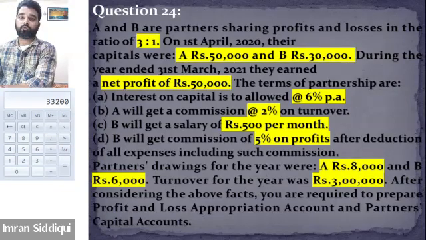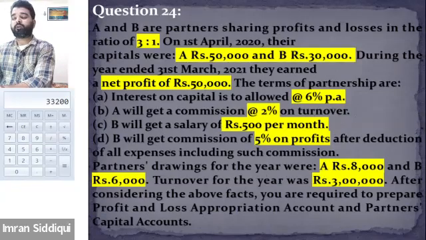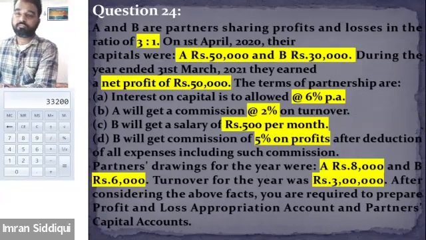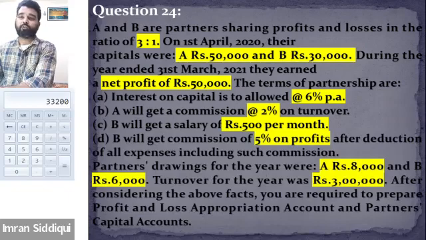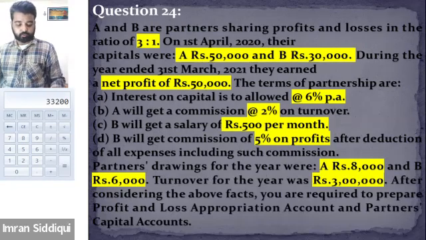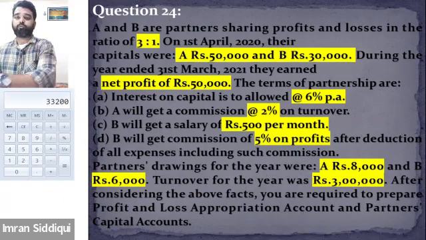Now, the question also says that both the partners are withdrawing certain amounts, 8,000 and 6,000. Since it is not mentioned in the question that drawings are subject to interest, we won't charge any kind of interest on the amount of drawings. Turnover is also given, so turnover is already treated, and there is no other use of the turnover. Okay, so this is it, I guess. There is nothing more that we need to do in this question.